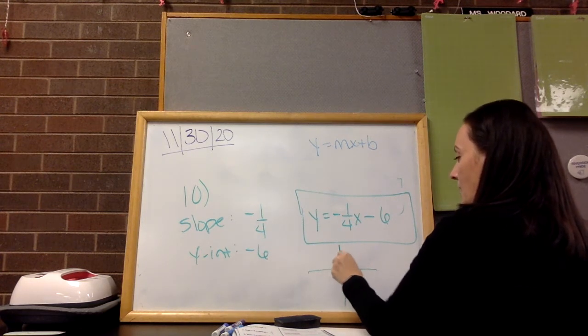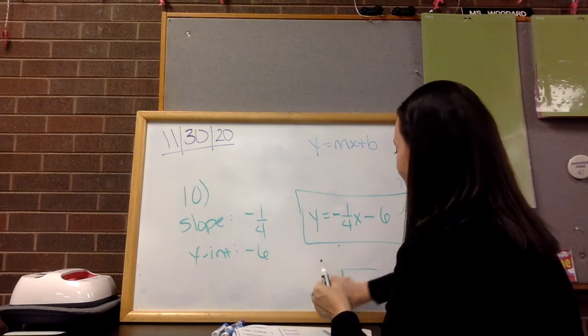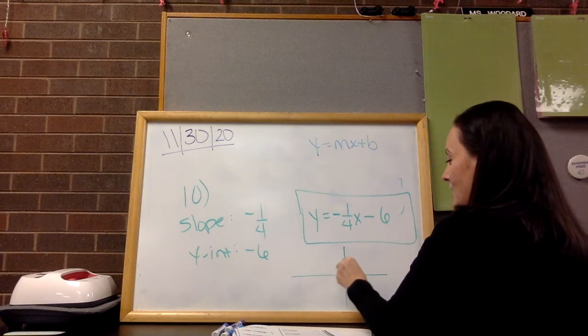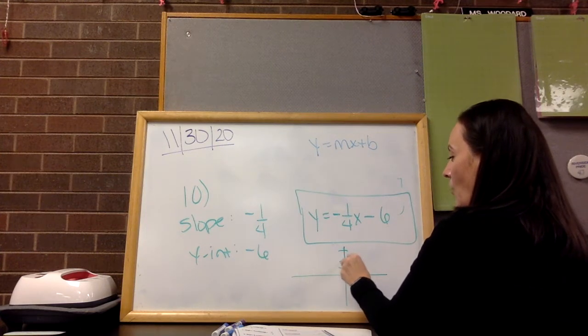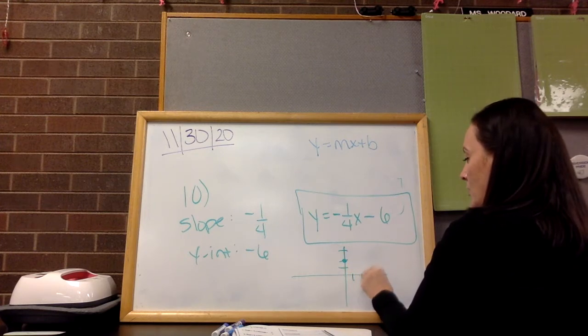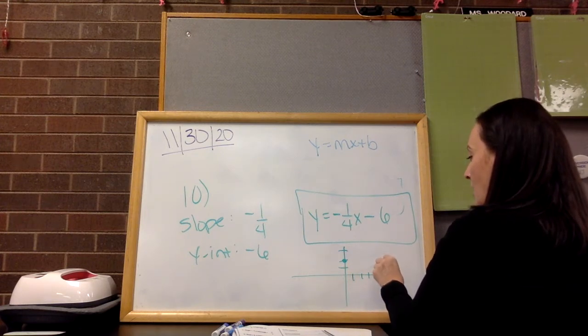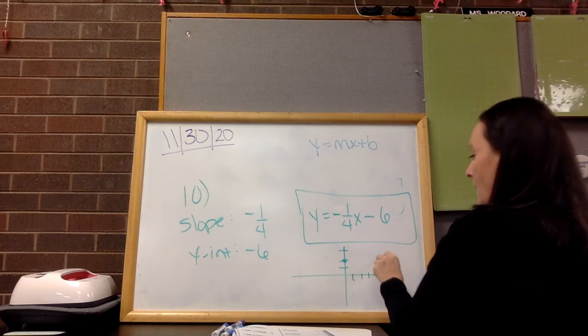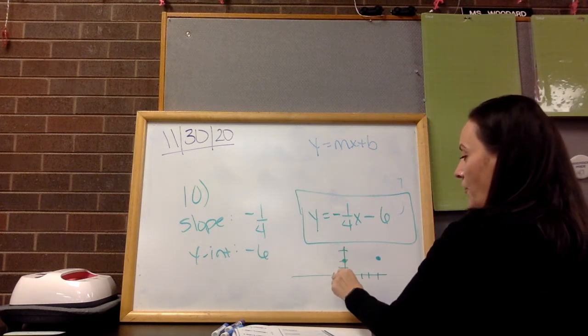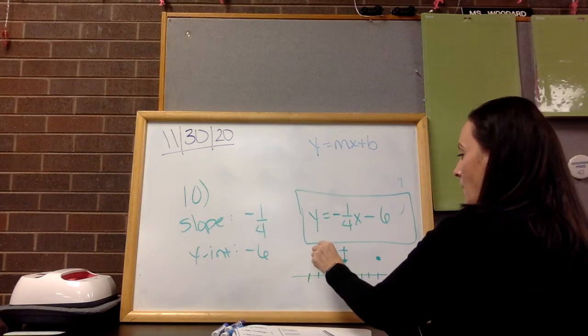So let's say that I was up here, down 1, right? And then let's say we go over 4, 1, 2, 3, 4, over 4, down 1 over 4. Or you can choose to go up 1 and then to the left 4, 1, 2, 3, 4, up 1 and to the left 4.